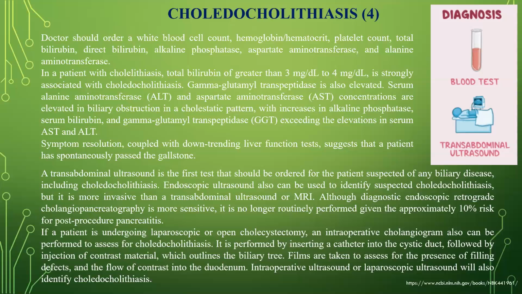Symptom resolution coupled with downtrending liver function tests suggests that the patient has spontaneously passed the gallstone. Transabdominal ultrasound is the first test that should be ordered for a patient suspected of any biliary disease, including choledocholithiasis.